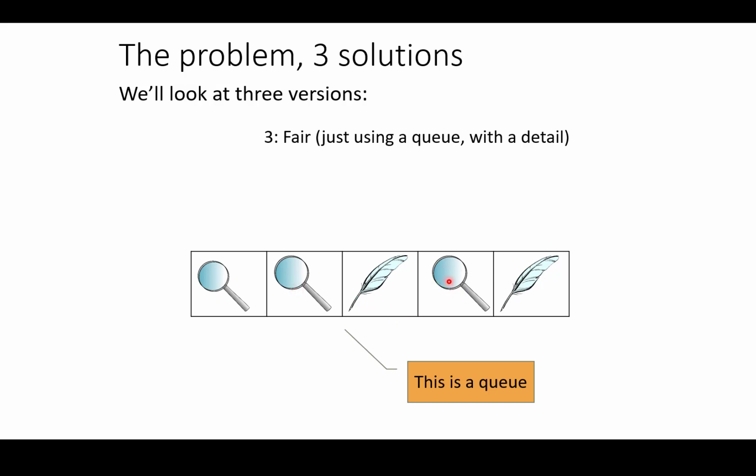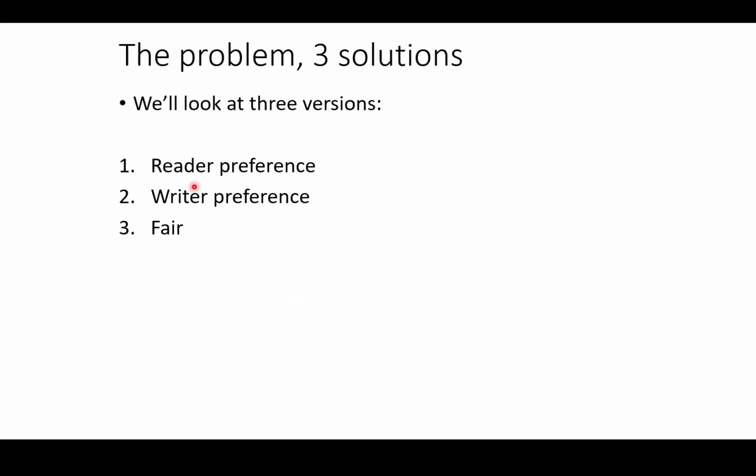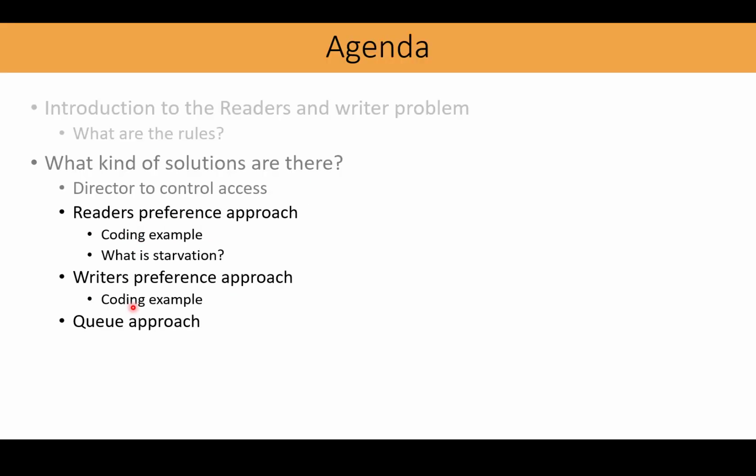This one does not get access yet. So if you have multiple readers in a row, they all get out. Otherwise, it's just one writer or one reader. That's the idea. So those are the 3 approaches: a reader's preference, a writer's preference, and a fair approach using a queue. And that was the introduction to the solution.